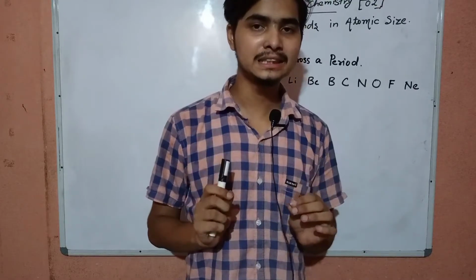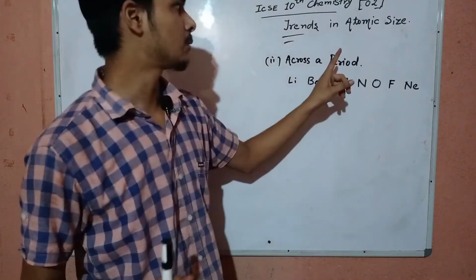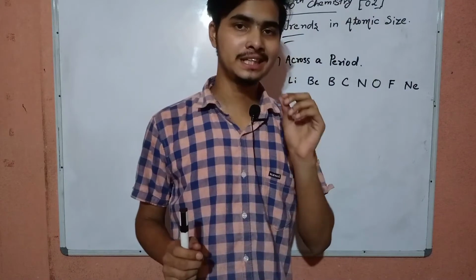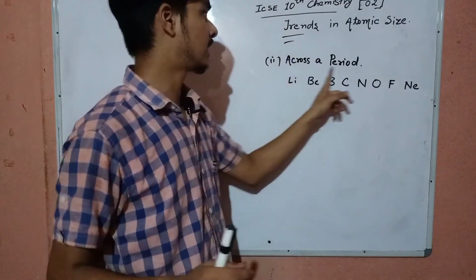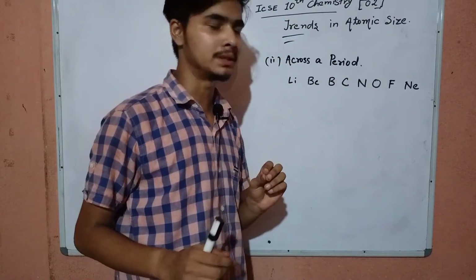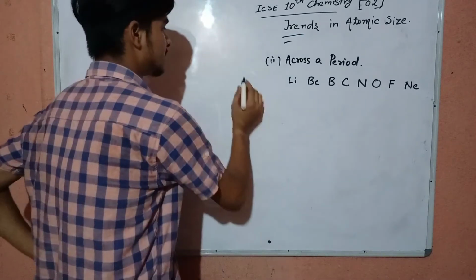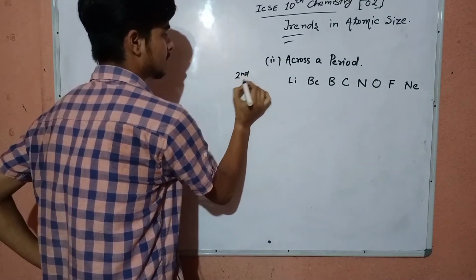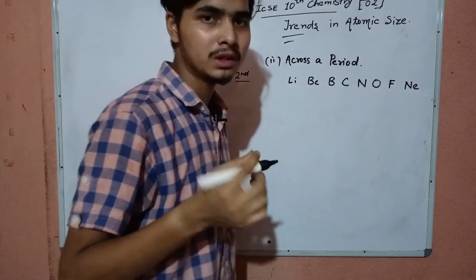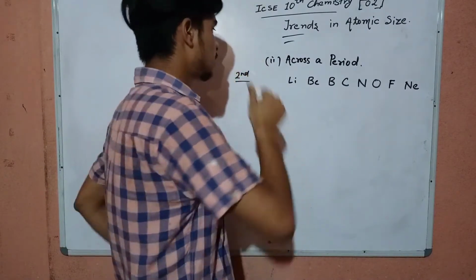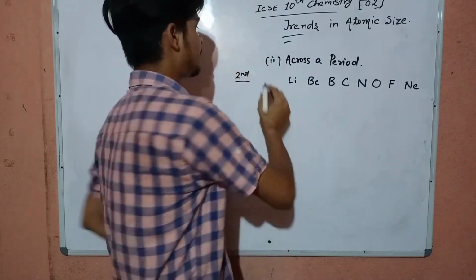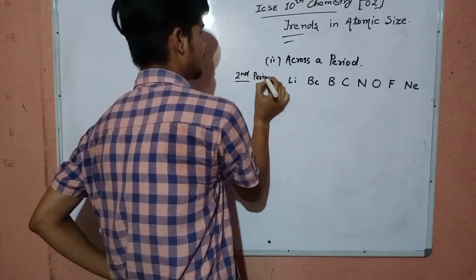Now let's see whether atomic size increases or decreases when we move across a period in the periodic table. I have considered second period elements, but you can take any period.